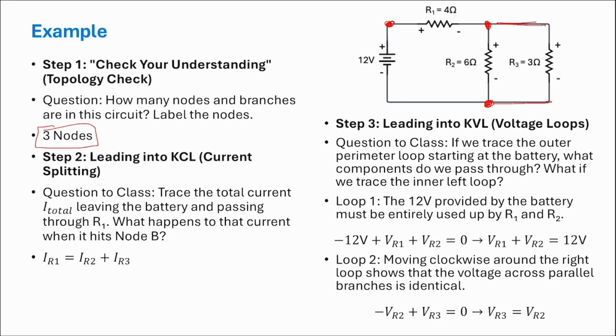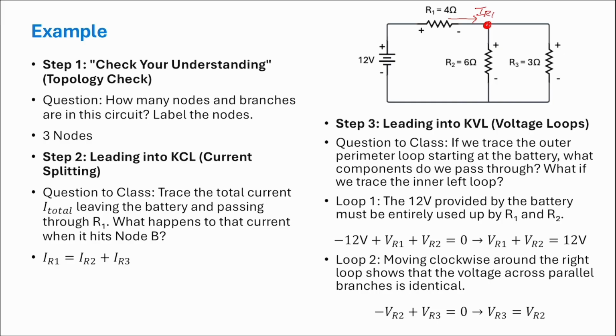Step 2, label the KCL. We find the KCL in one of the loops. Say in this case, we focus on this particular one. The current is going in here, so we call this IR1.